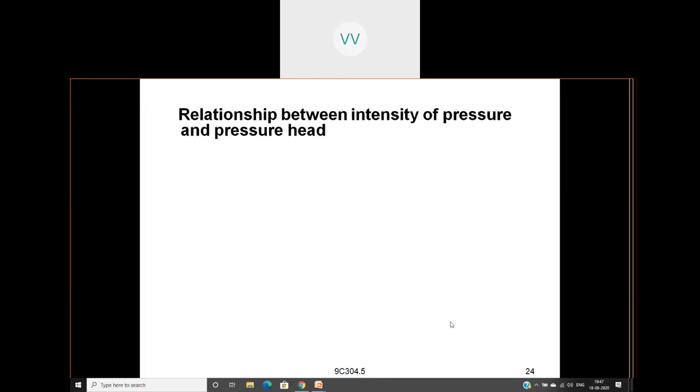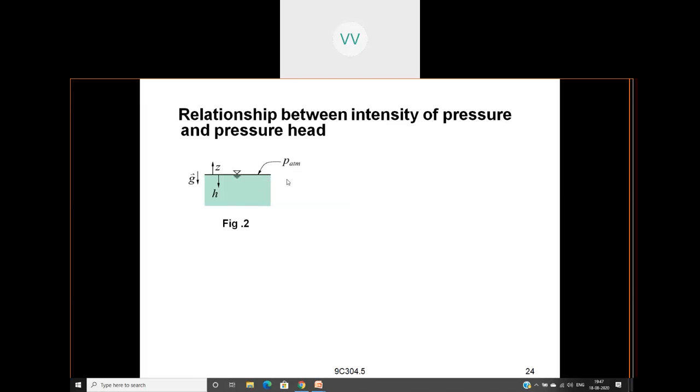Now the relationship between intensity of pressure and pressure head. Look here, you have a vessel containing water or any liquid, and this is the depth of the liquid, and this is the acceleration due to gravity, and Z is the datum head. P atmosphere is the atmospheric pressure, P ATM, whatever pressure the atmosphere exerts on open surfaces.